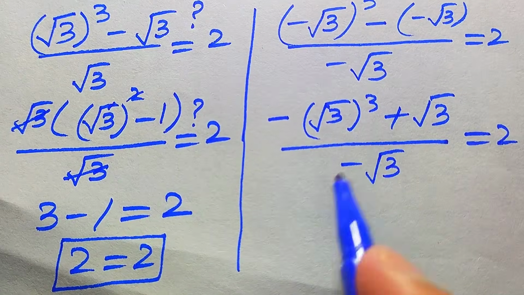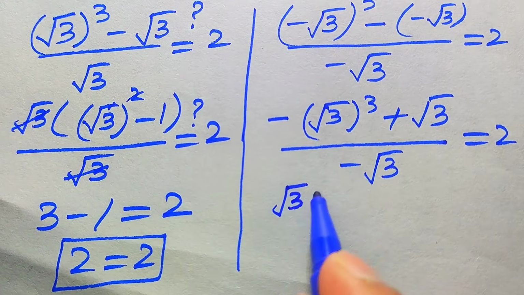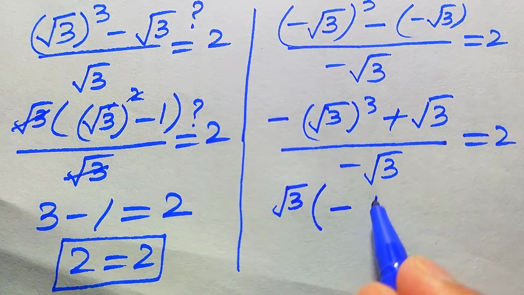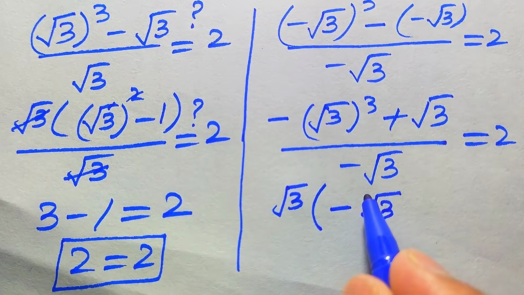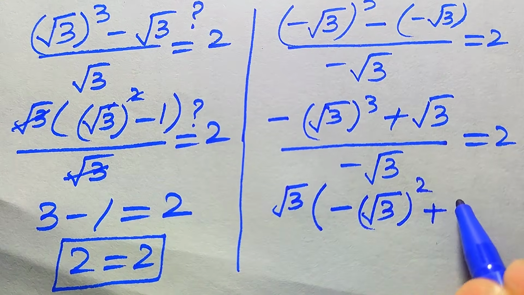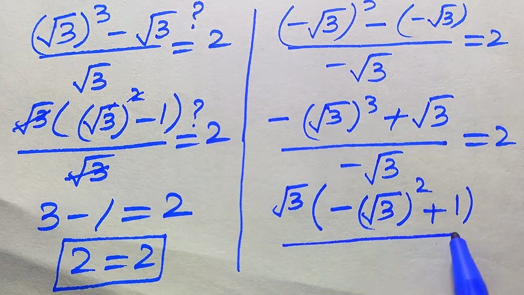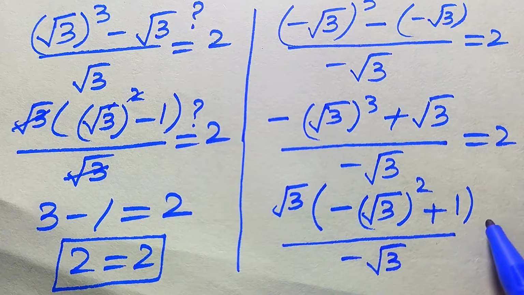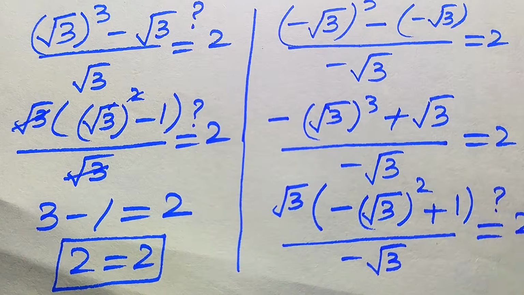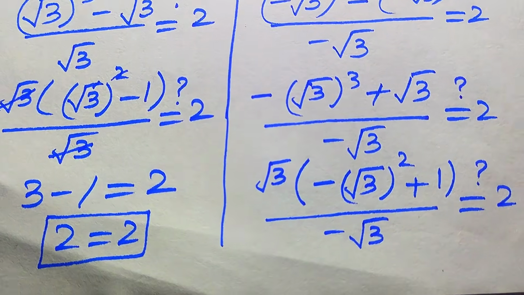So again, we need to take common square root of 3 from the numerator side, and the remaining values are (minus times square root of 3) whole square plus 1, divided by minus square root of 3, is equals to 2 or not. This is our claim.